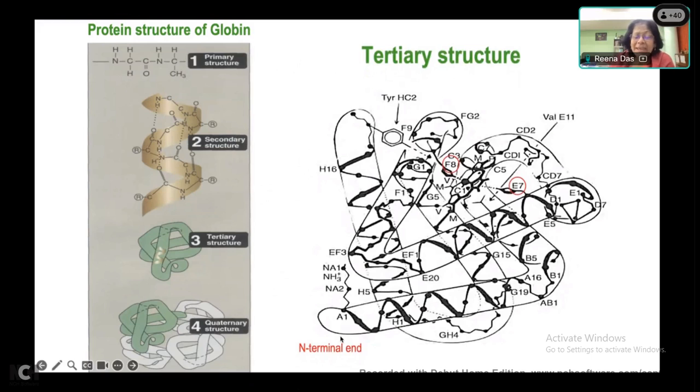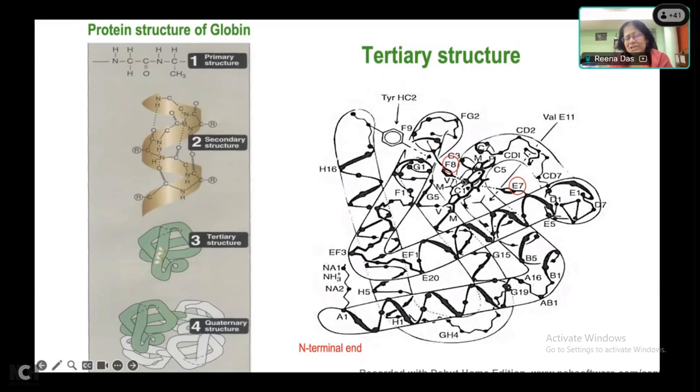Now you have the N-terminal from where the protein starts, and the nomenclature goes as A1. So basically the first straight part of the molecule is called the A, and when you have a joint over here, when it turns the next turn, at that time the B will start.